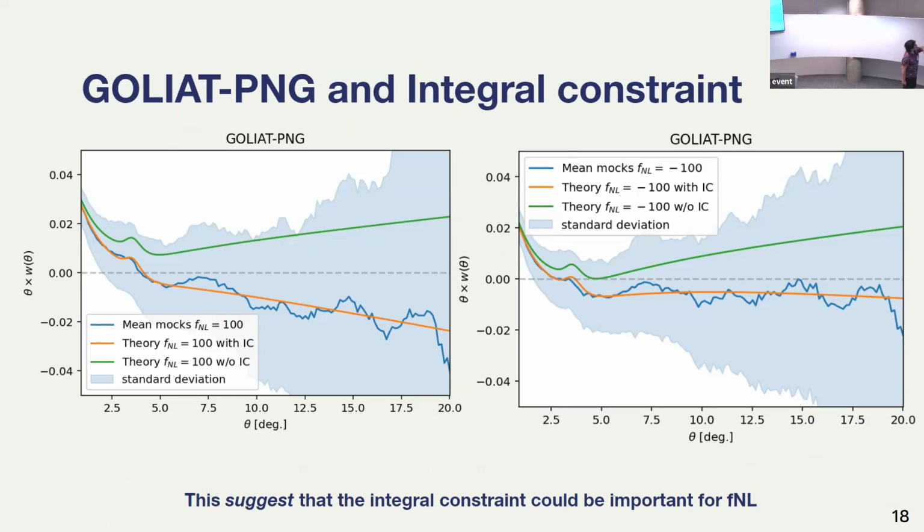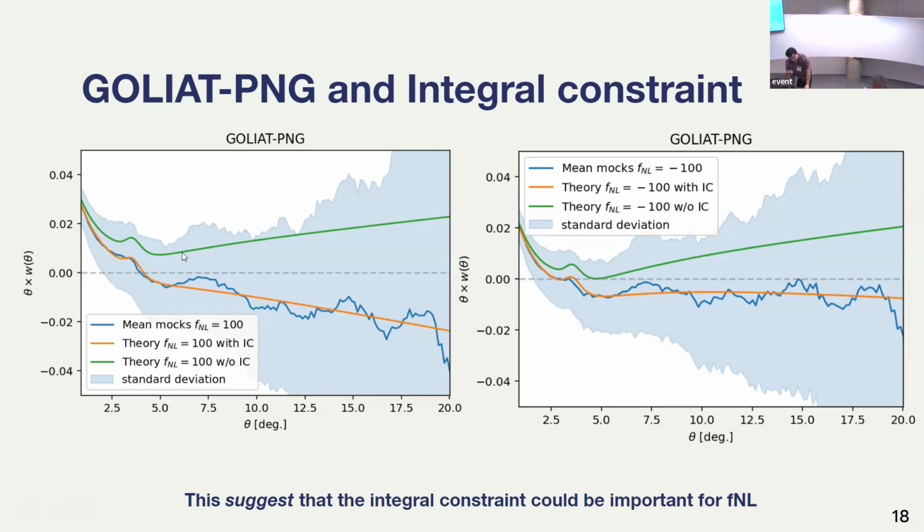In green, you see the theory model of this scale-dependent bias with FNL 100 without considering any integral constraint condition. And in orange, you can see how the theory model changes when you include this integral constraint. So I think we can all agree that, at least in this particular case with FNL 100, including this integral constraint suggests it could be really important when you try to measure FNL.